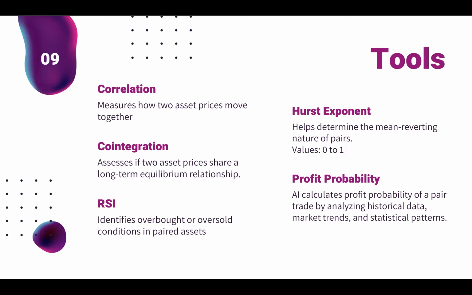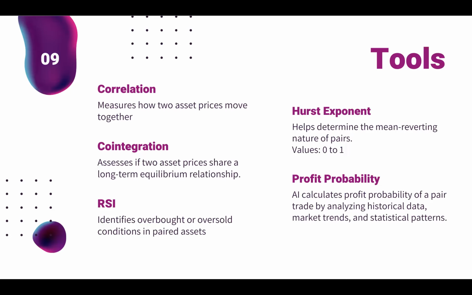So that is co-integration. Similarly, RSI, you calculate RSI for a single stock. Here what we are doing is calculating RSI for the pair. So you calculate the price ratio and you take RSI for that. Similarly, a new tool which we have included here is the Hurst exponent.